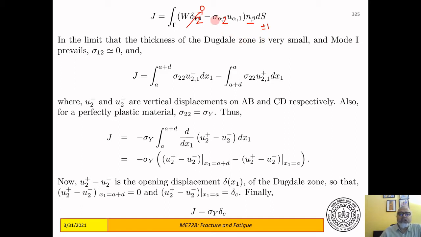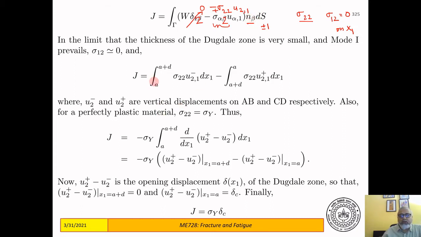So sigma alpha 2 u alpha 1, here sigma alpha 2 can take only values sigma 22, because sigma 12 is equal to 0 on x1. So sigma 22 is the only contribution. So this contribution becomes sigma 22 u2 comma 1, either minus or plus. Minus on the lower face and plus on the upper face because of the sign of n2.